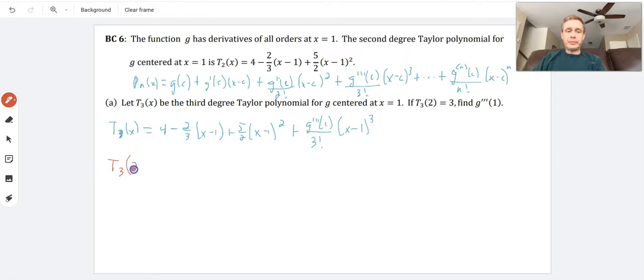We can now use this to solve for g triple prime of 1. Because we were told that when we plug 2 in for x, we should get 3, and that should equal this whole thing here with 2 plugged in for x. So I'll go ahead and plug that 2 in for x.